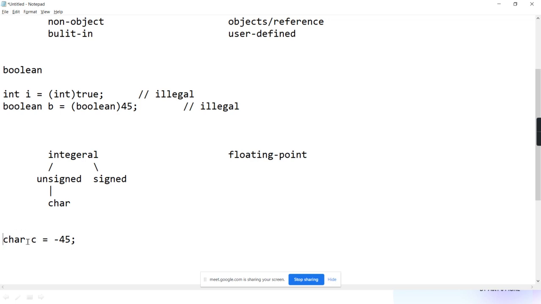This character, according to C, is signed, and unless and until you use the keyword unsigned, it is not unsigned. In C you can assign negative, positive, both. But in Java, it's not like that. Java says characters are by default unsigned.